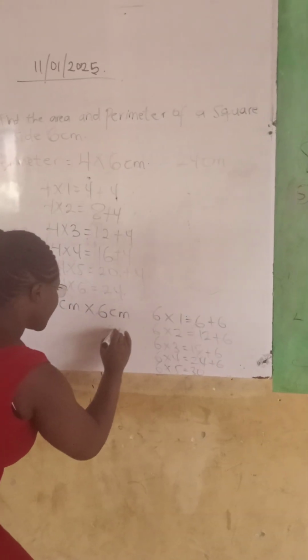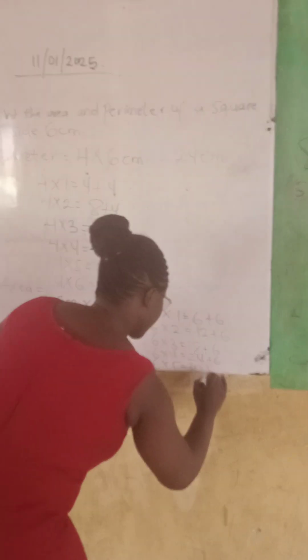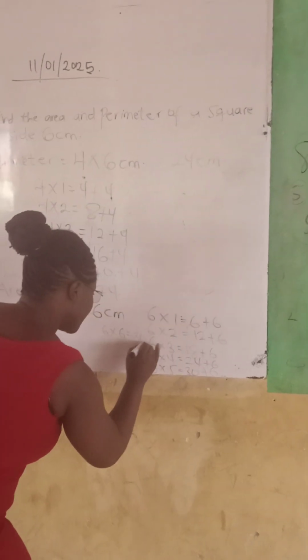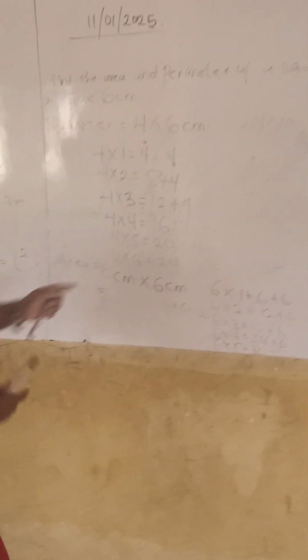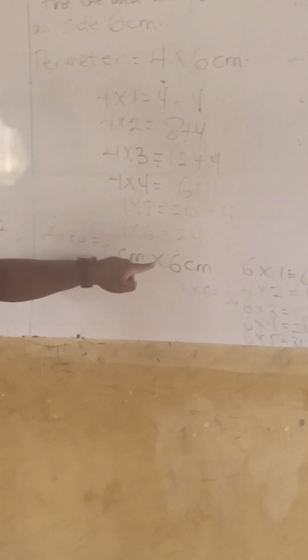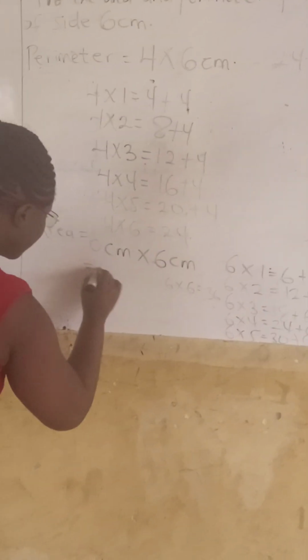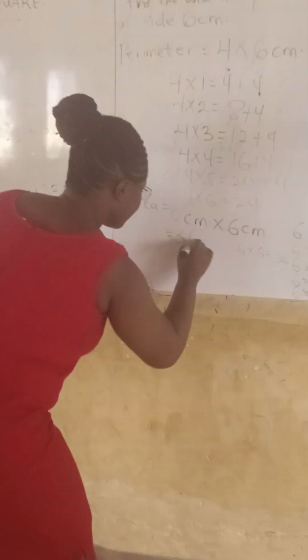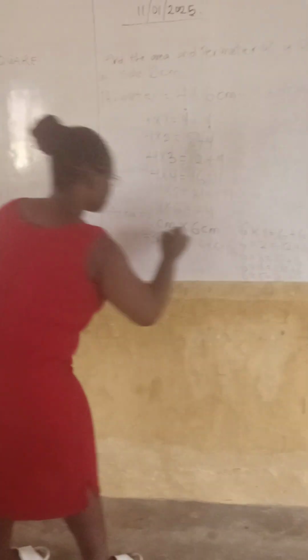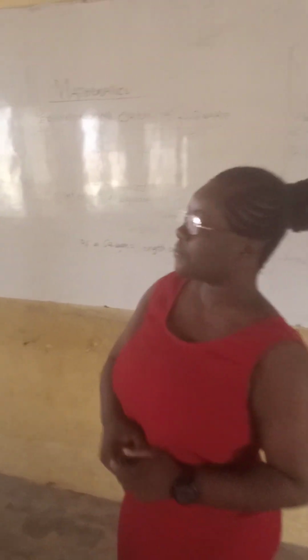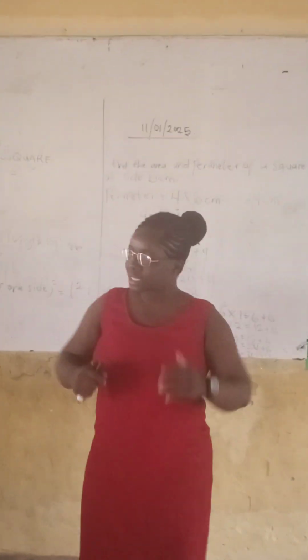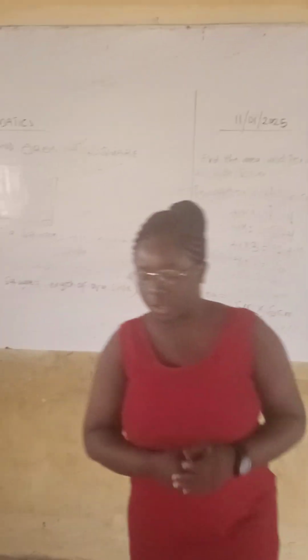And 6 times 6, plus 6, gives us 36. So 6 centimeters times 6 centimeters gives us 36 centimeters squared.